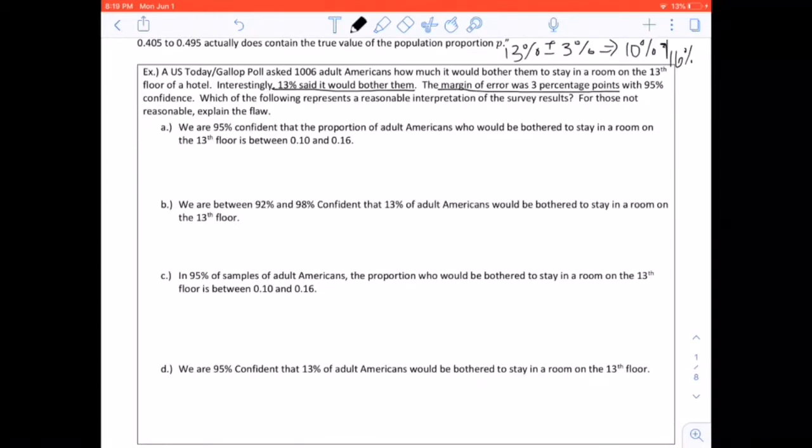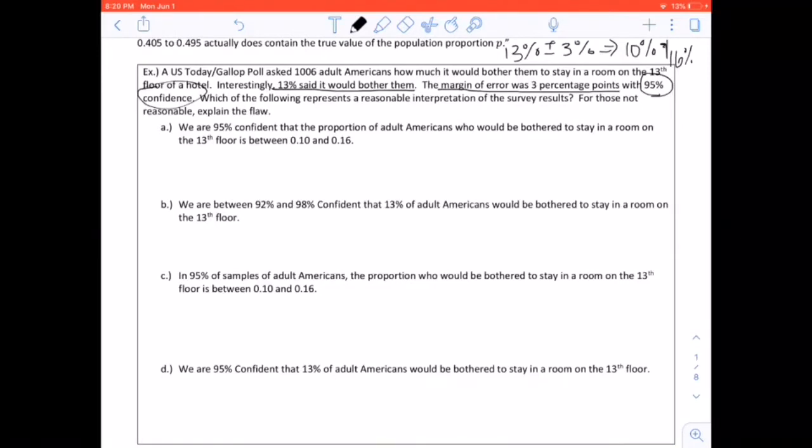And so it asks, what is a reasonable interpretation of this survey result? So let's look at B. This one says that the confidence is changing, so we are between 92% and 98% confident. That doesn't change. Our 95% confidence does not change. We are staying 95% confident.